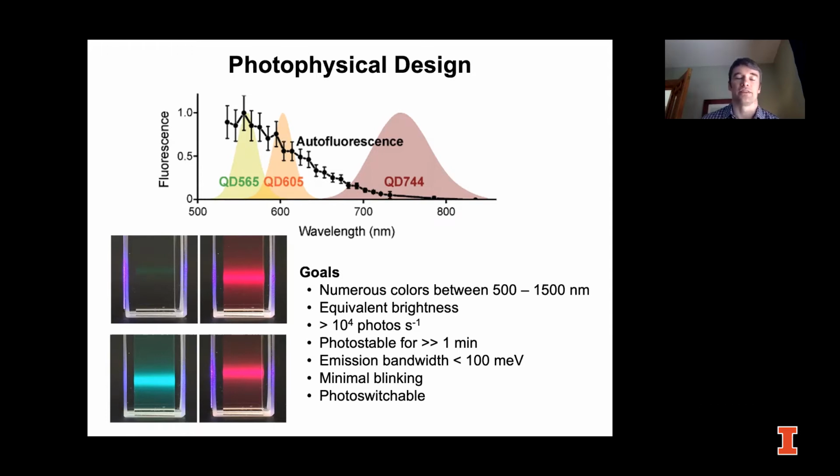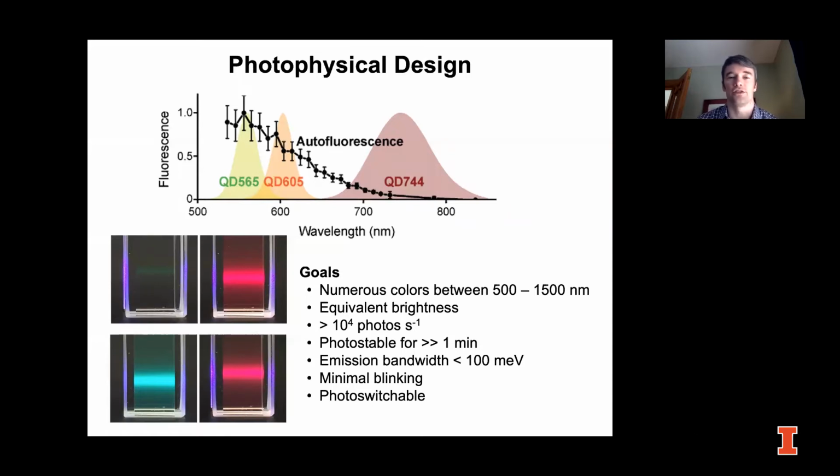And that's because of what's depicted on this top chart here, which is a spectrum of quantum dot fluorescence in the colors, as well as autofluorescence from, in this case, fixed cells. Most autofluorescence, when you're exciting at something like 400 nanometers or 500 nanometers, is at the spectral range close to that excitation band. And so you want that excitation band to be far away from the emission band.